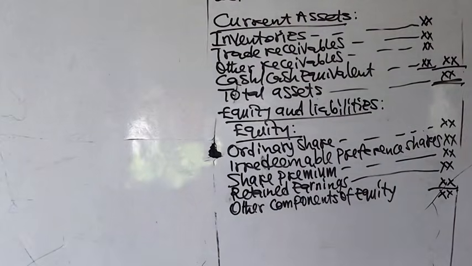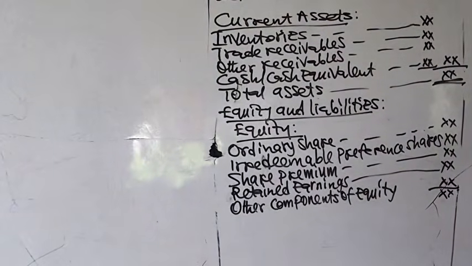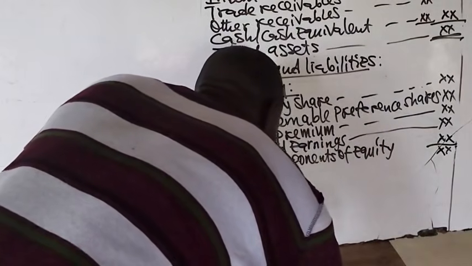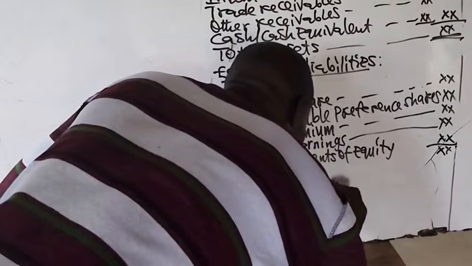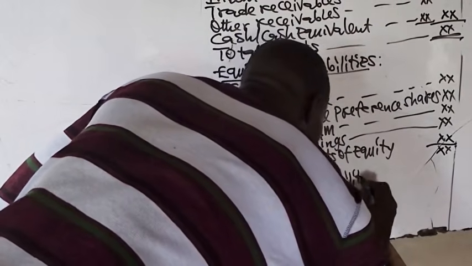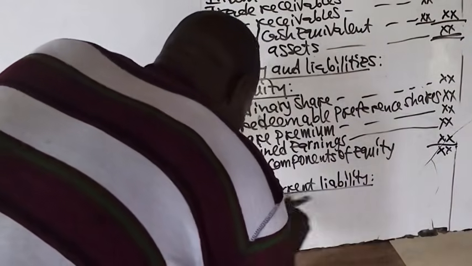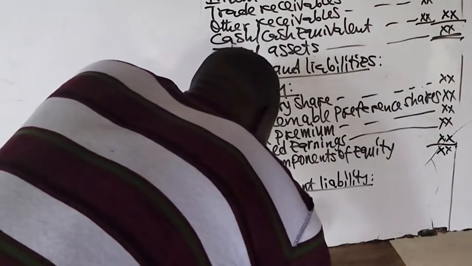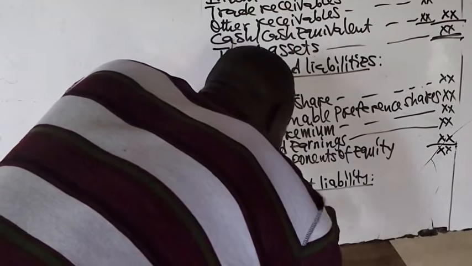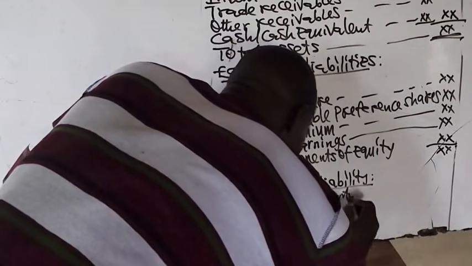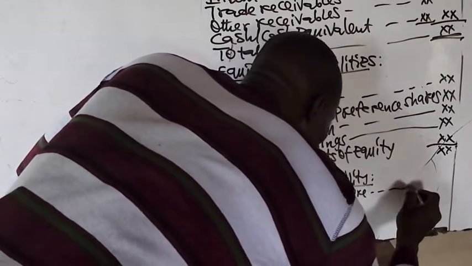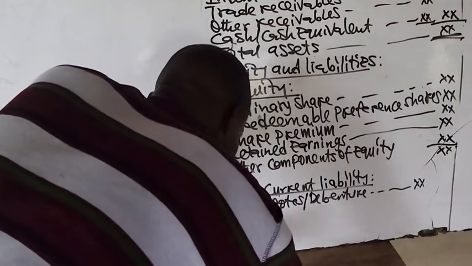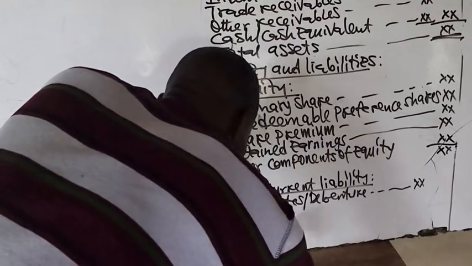After total equity, then you consider the non-current liabilities. As part of non-current liabilities, you may have loan notes or debenture. You may have lease obligation.